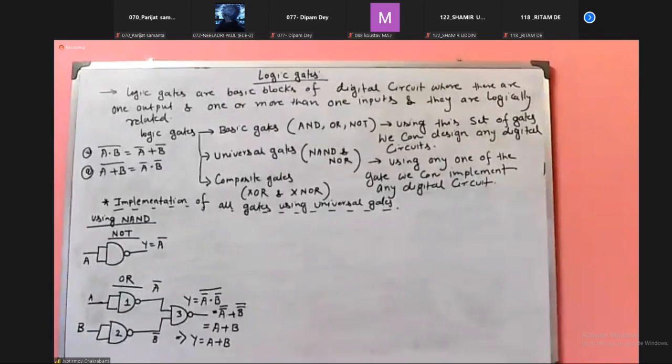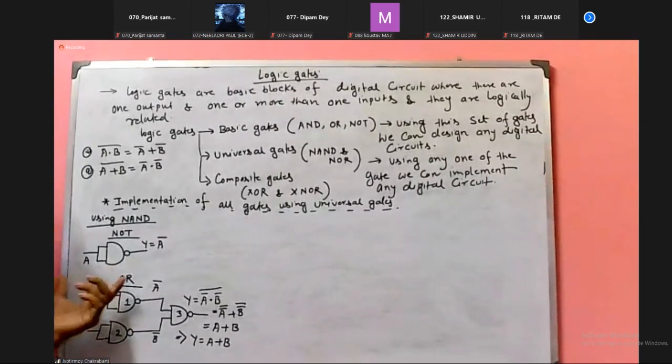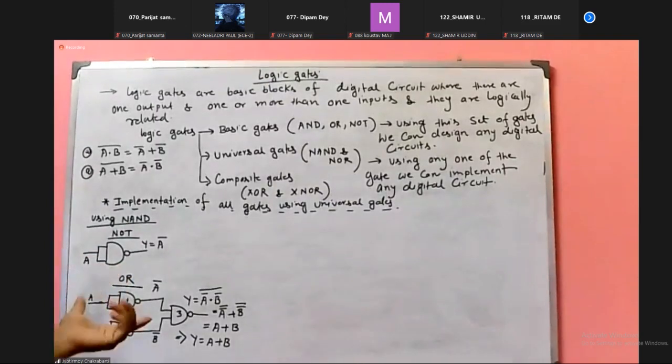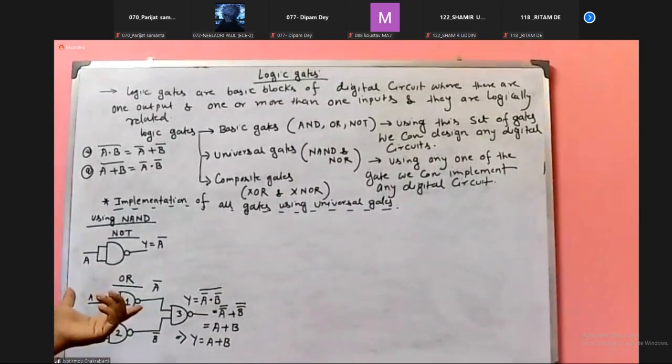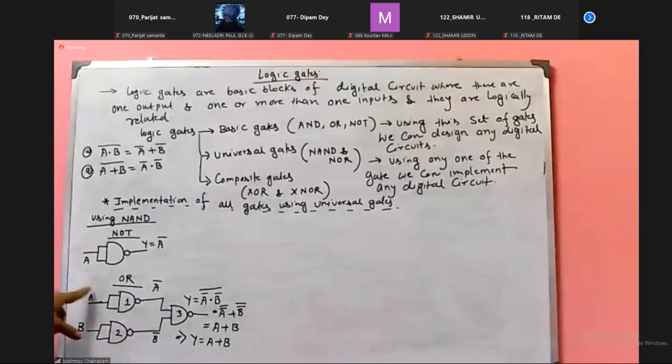Yes sir, using that NAND gate, you are making a NOT gate. That NOT gate has one input. NOT gate always has one input. This A, I have shorted the two inputs of NAND.